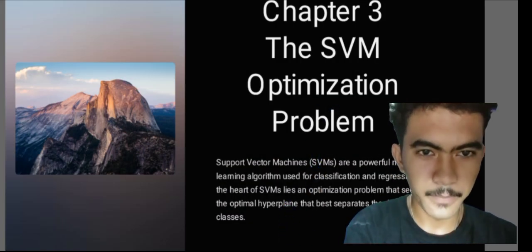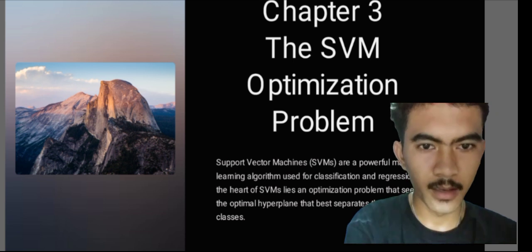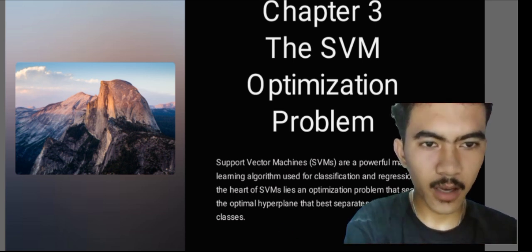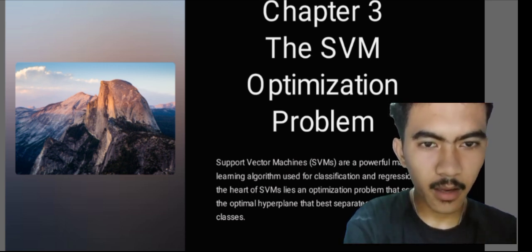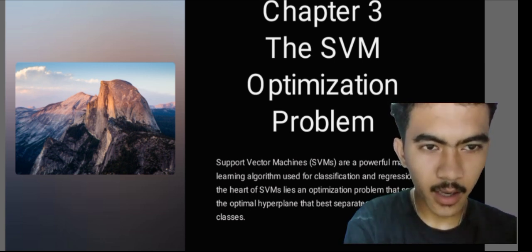Optimization problem. Support vector machines (SVMs) are a powerful machine learning algorithm used for classification and regression tasks.